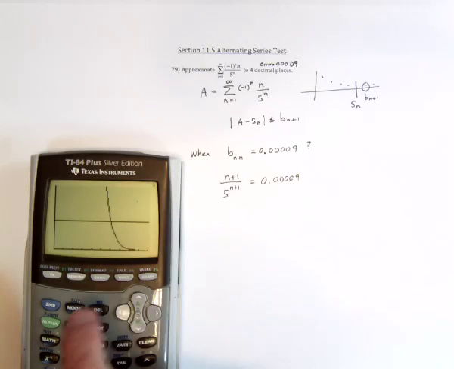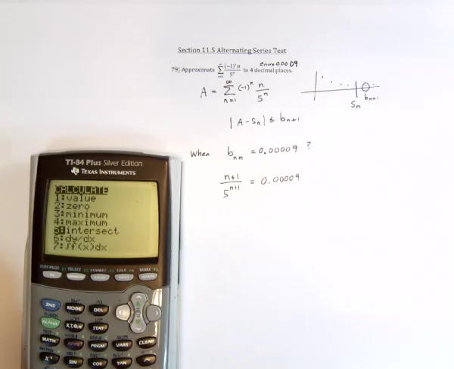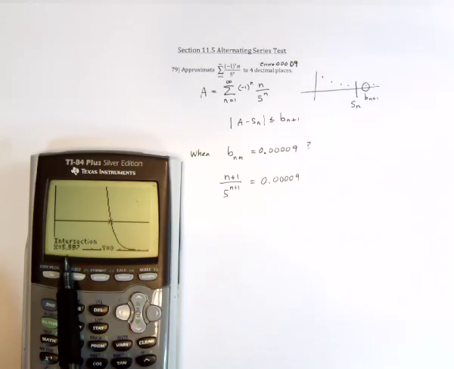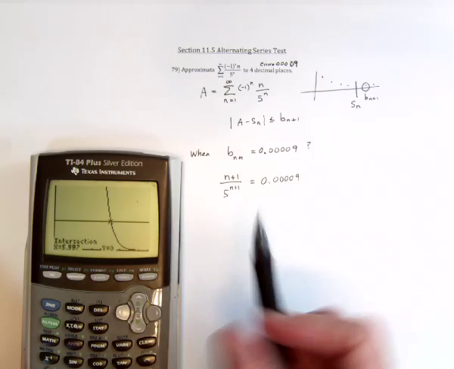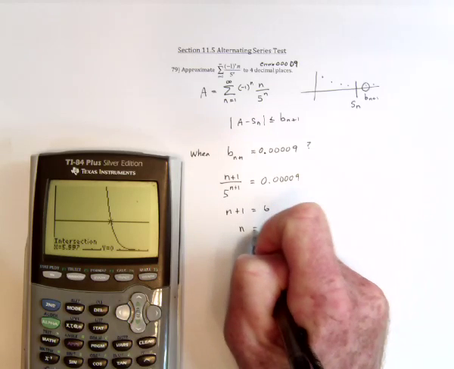So that's right there. So we could find out the exact point where they intersect. So that's when n plus 1 equals a 6, essentially. So that was for n plus 1. When n plus 1 equals a 6, so in other words, when n equals 5.